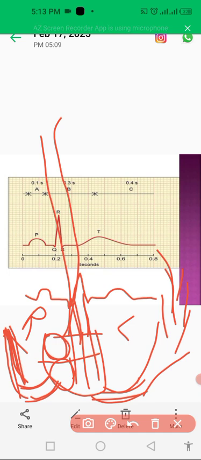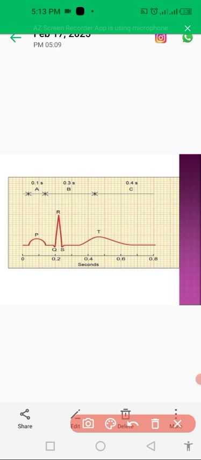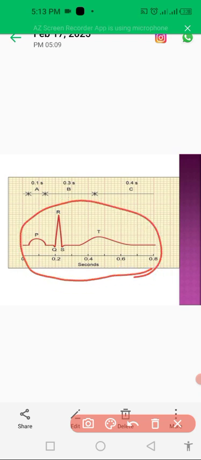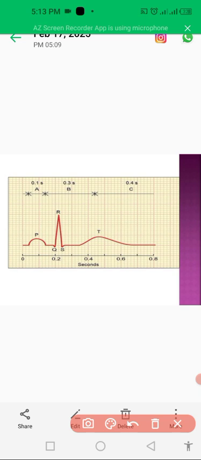Now in that pumping mechanism we record the rhythm of the heart, and that rhythm of the heart is known as ECG, electrocardiography. Electrocardiography gives a certain clue about heart activity, what kind of activities the heart is performing, and these activities can also give us a clue about certain pathology of the heart.